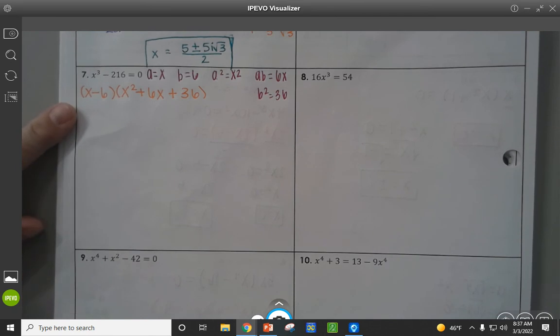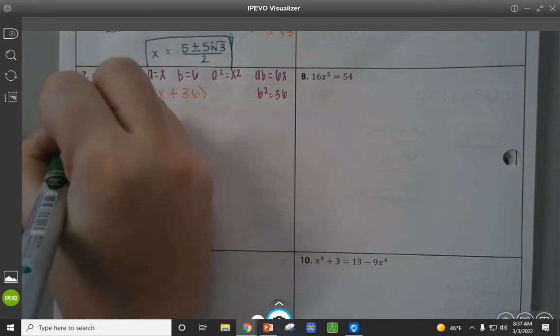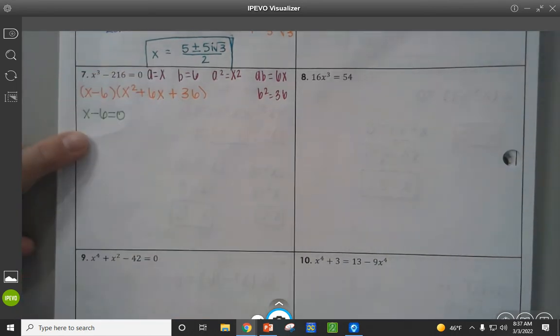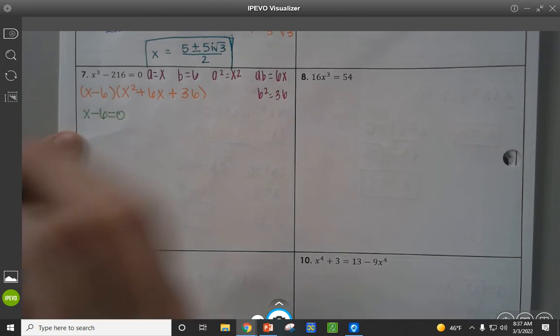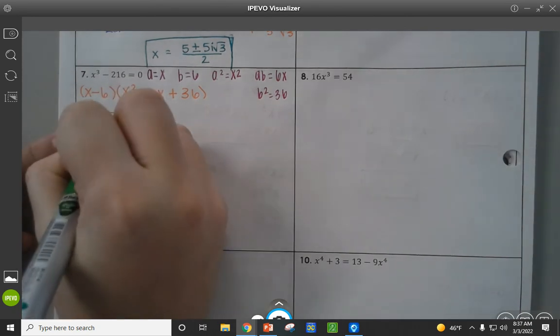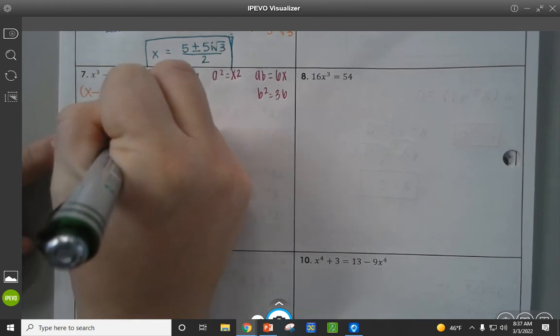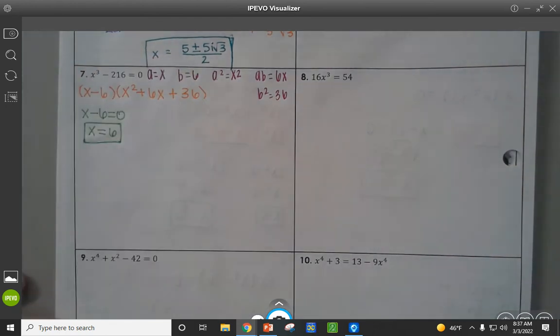Then we have to take each factor and set it equal to 0. So I'll do x minus 6 equals 0. So what is my x? 6. And then what do I have to do with my other factor?